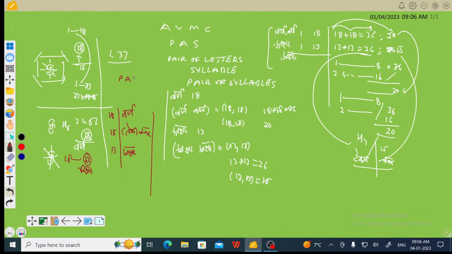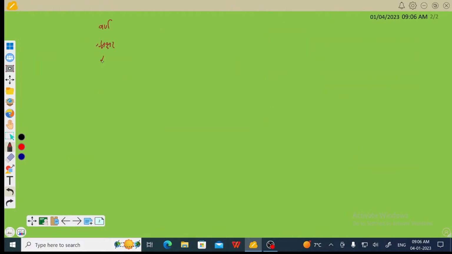Now we shall have the formulations like Varan, Akshar, Swar, Vyanjan.